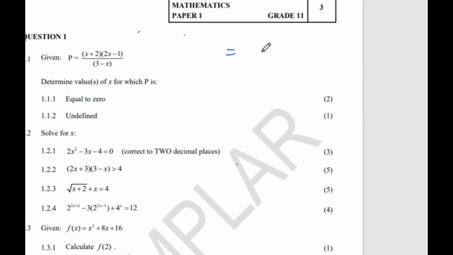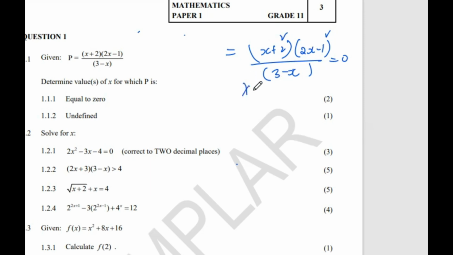If you get the whole thing to 0, it's like (x plus 2) multiplied by (2x minus 1) over (3 minus x) is equal to 0. When you try to solve for this, multiply both sides by the denominator, you're going to end up with a 0, and you'll be left with just the 2 brackets on top. In such a scenario, 2 brackets giving you 0, you don't need to open. Just switch the signs and get the x.